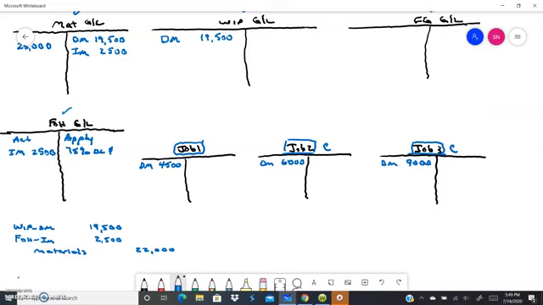Okay? The second step would be to basically assign the direct labor. So direct labor costs, and again these would be given, for job 1 would be $6,000. Job 2 is $4,000. And job 3 is $8,000.